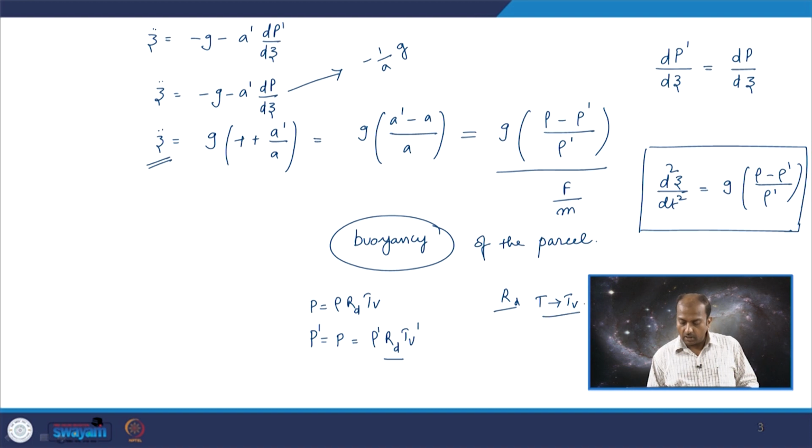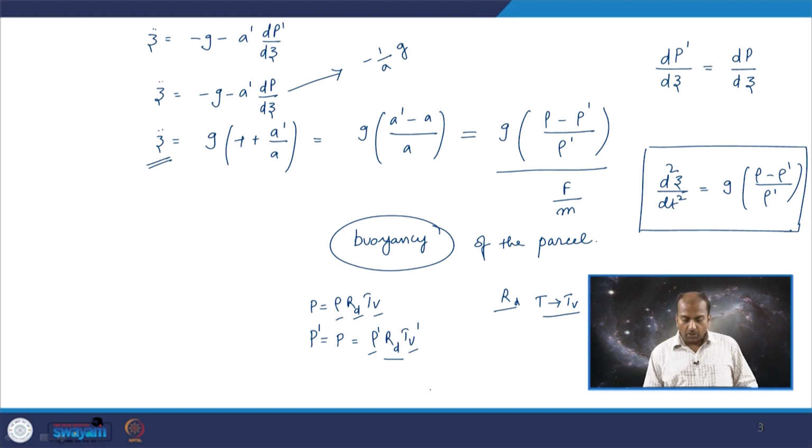That is where the basic definition of the virtual temperature comes into existence. So the density is assumed to be different, but we have the same gas constant Rd, the virtual temperature inside the air parcel is Tv prime, and the virtual temperature outside, in the environment, is Tv.